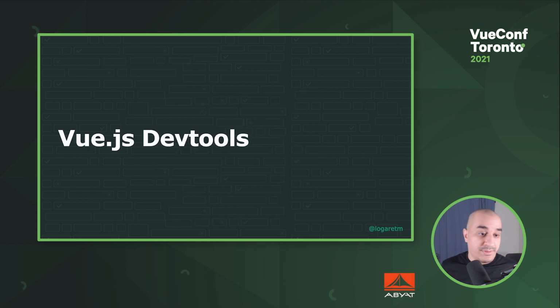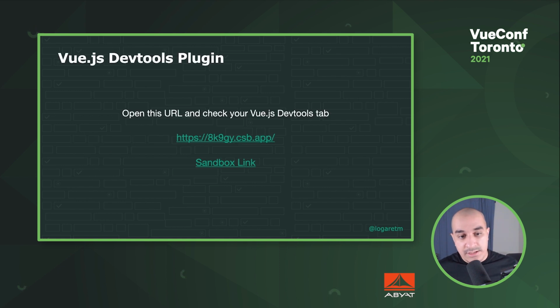Now let's talk about the final aspect in this talk, which is the Vue.js dev tools. The debugging experience with forms is lackluster in most cases, but with the new Vue.js dev tools, authors like me can hook into the Vue dev tools and offer new functionalities and new inspectors.